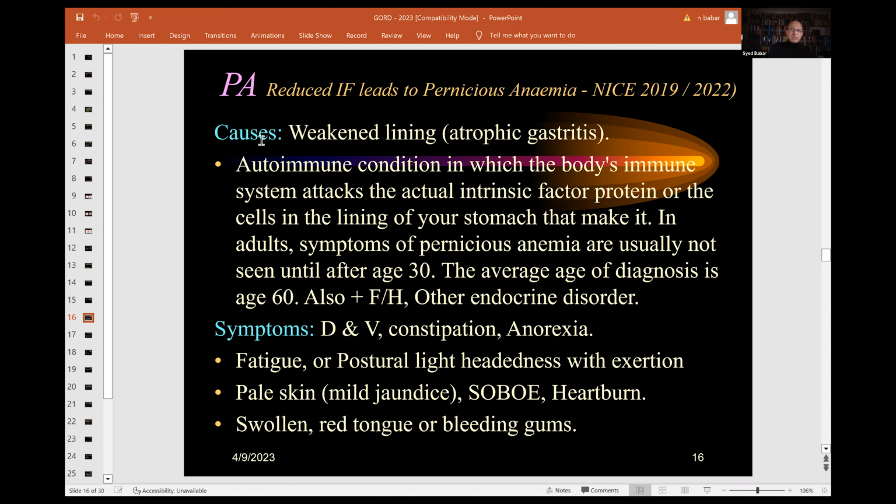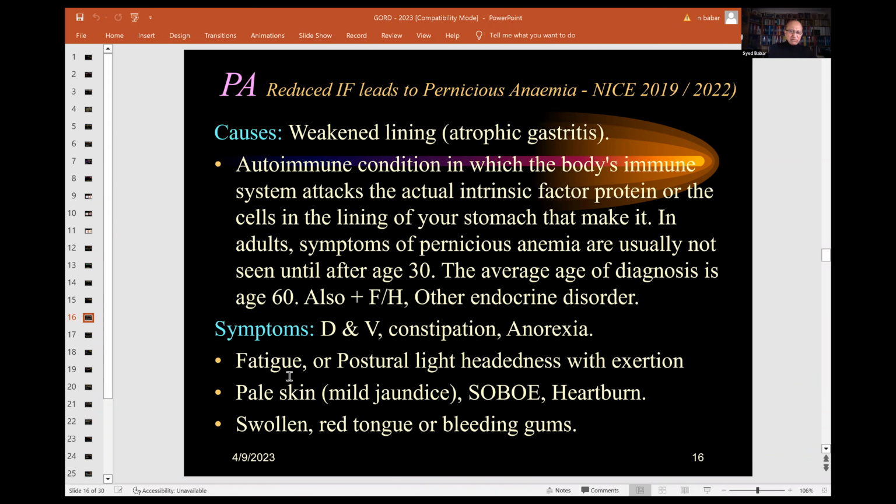So if intrinsic factor is reduced, probably parietal cell acidity is also reduced. And so it's no wonder that as a result of these things, diarrhea, vomiting, or constipation and anorexia will take place, leading to fatigue, and then of course, postural hypotensive symptoms with minimal exertion.